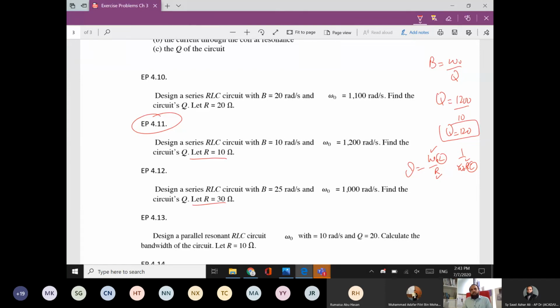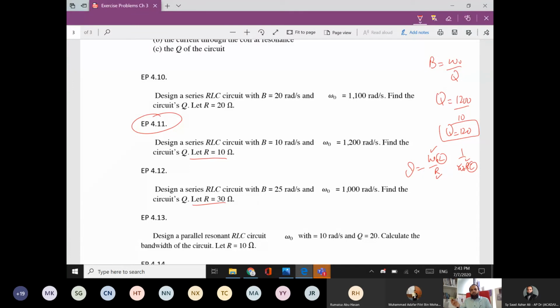What you can do is assume a value. Let's say assume R is equal to 10 or 20 or 100 kilo ohm or something, and then find based on that. This is also designing. It's just like you are starting to make something and values are interdependent to each other. You can see that all the values are interdependent.